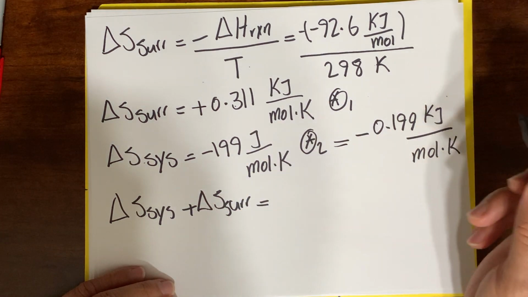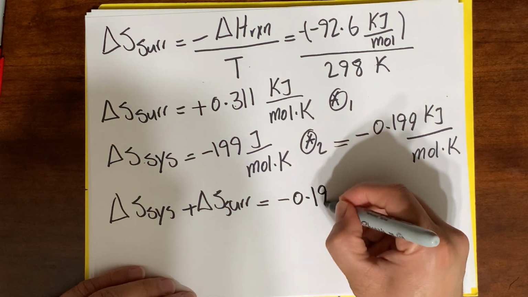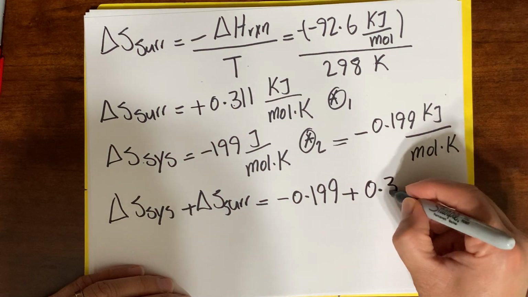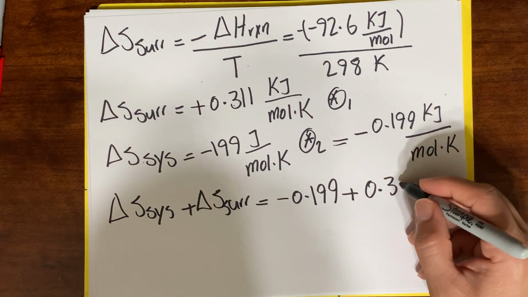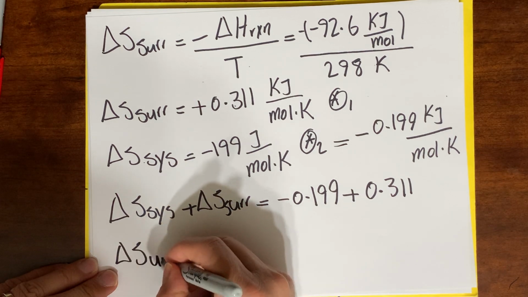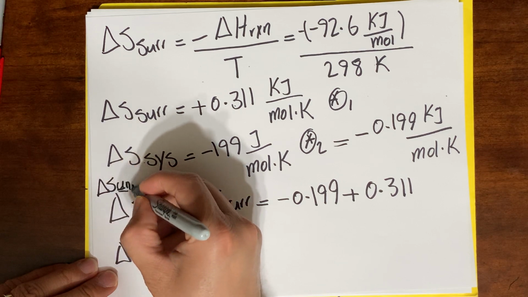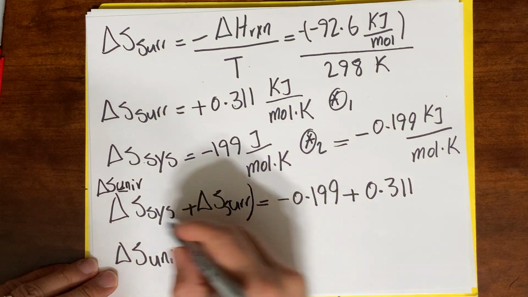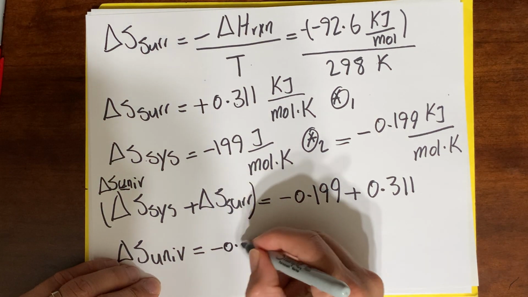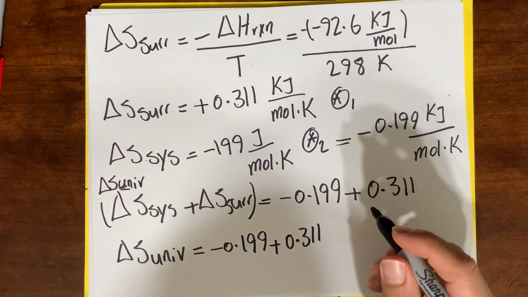Delta S of the surroundings is a positive number, so delta S of the universe, which is equal to this number, comes out to be a positive number.